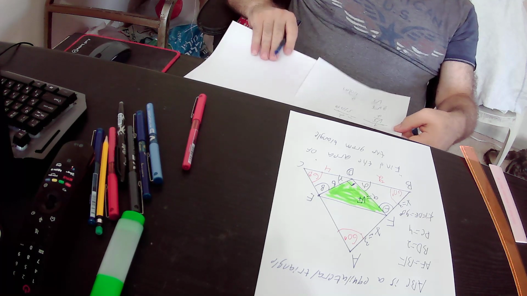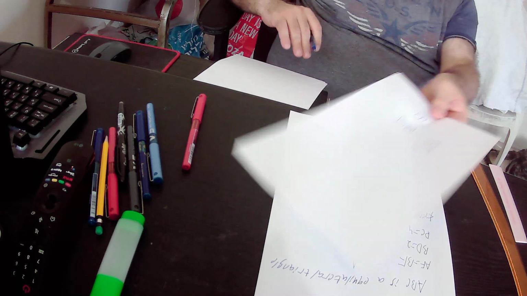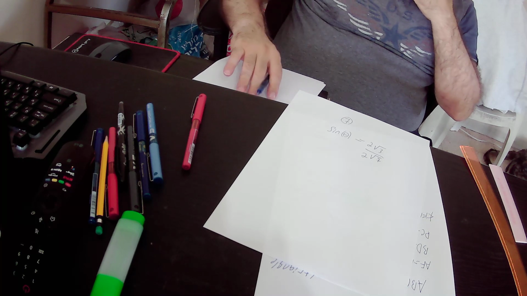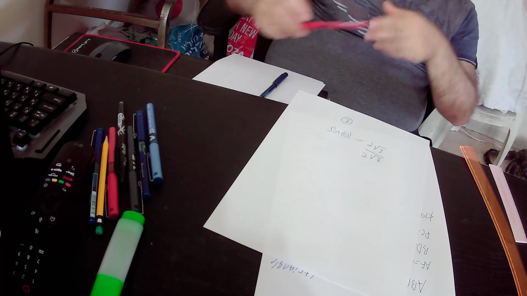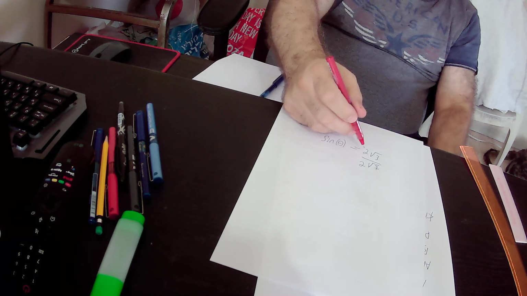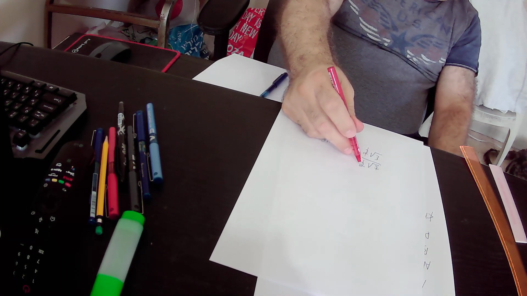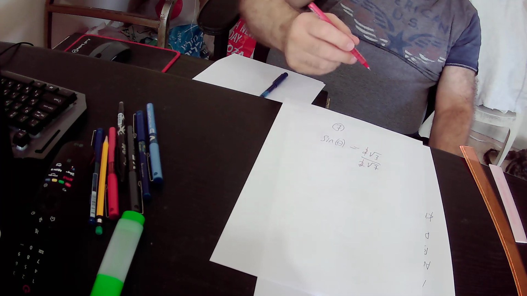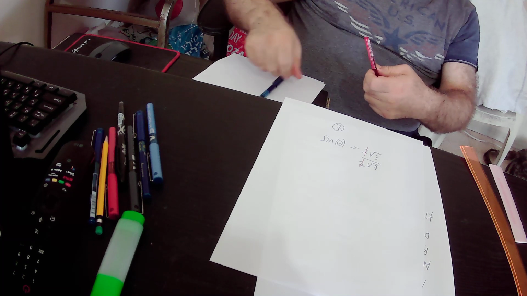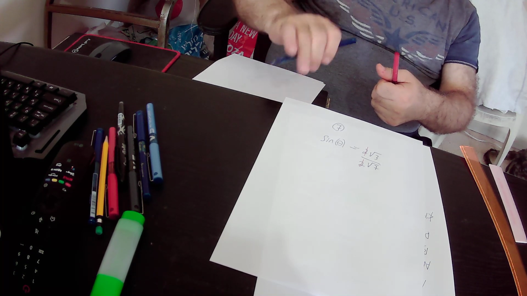We have 2 in the numerator and 2 in the denominator, so 2 can be cancelled. So in total we got that sinus theta equals the root of 3 over root 7.